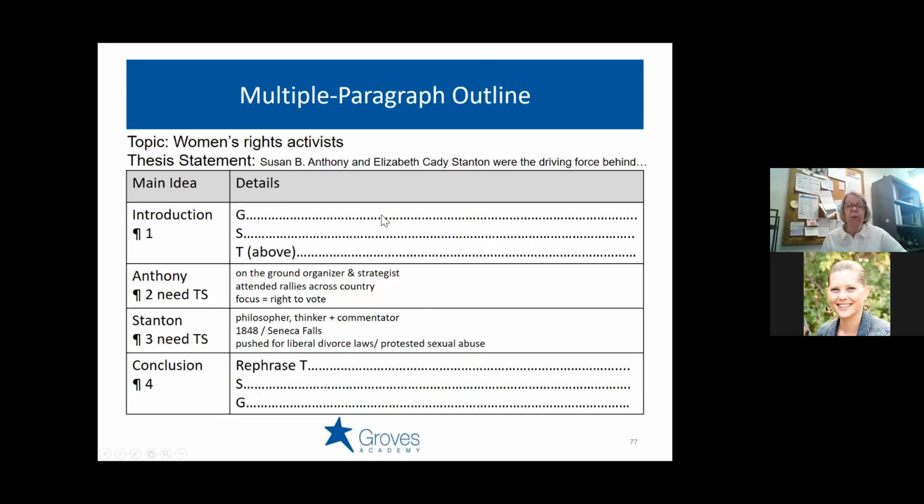And here's an example of a multi-paragraph outline without the thesis and conclusion. This might actually be something that I might give to my students. This is, of course, for higher grade levels, more sophisticated, with two different philosophers.